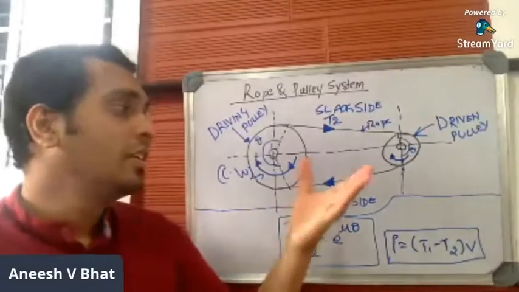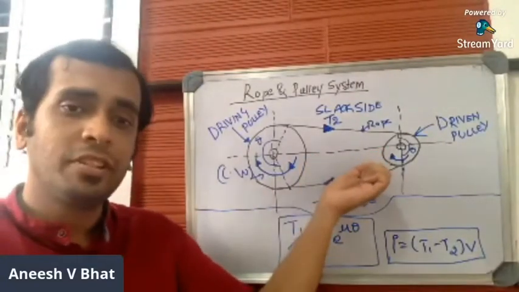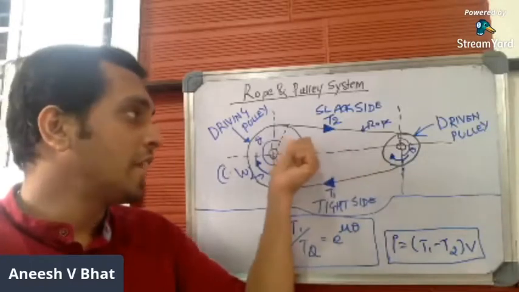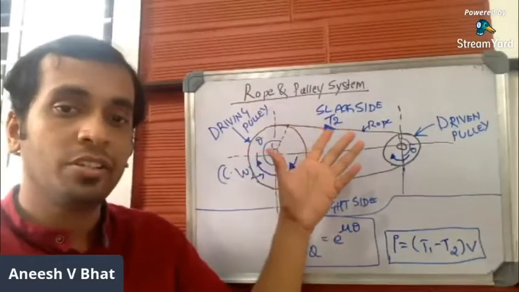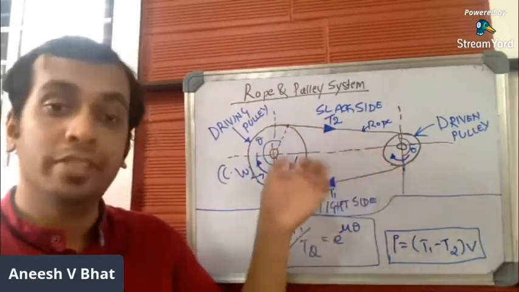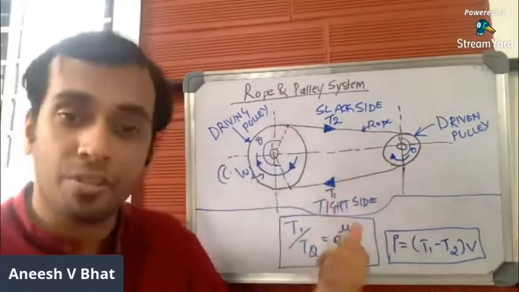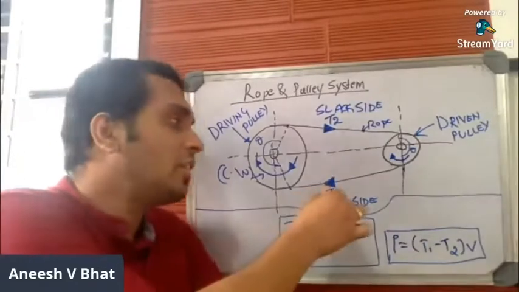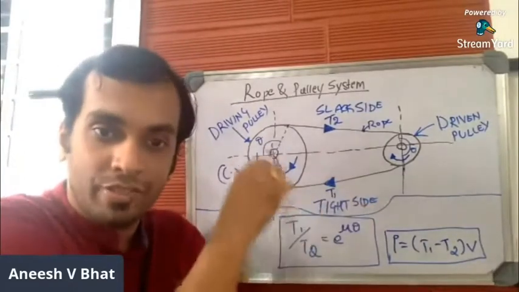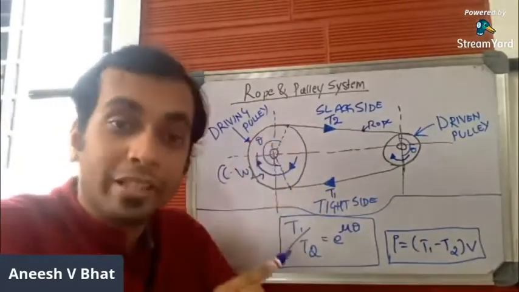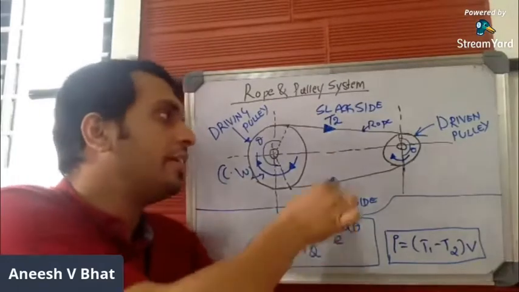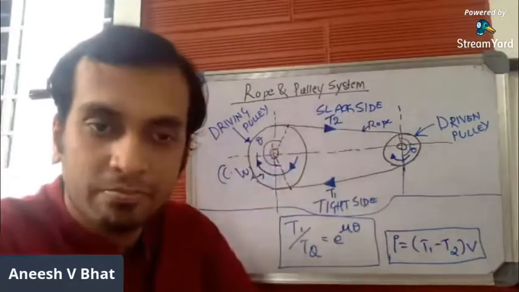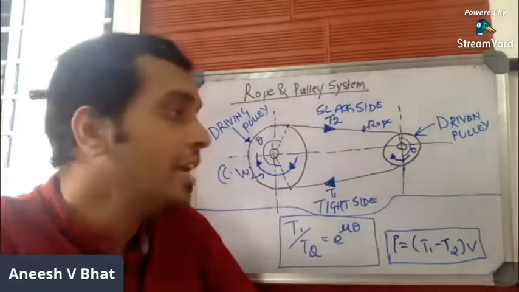Now, here, when the driving pulley rotates in clockwise direction, the side which is being pulled, that's the lower side, carries some tension. Let us name the tension along the tight side, in this case, as T1, and the tension along the slack side as T2.